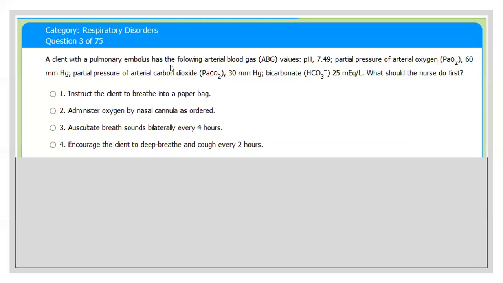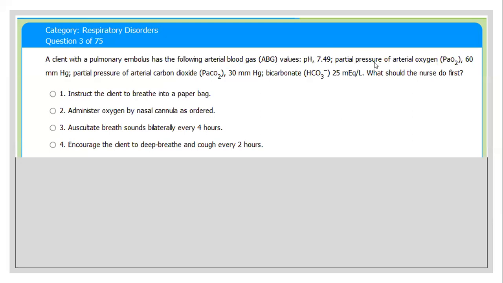In that condition, we need to check arterial blood gas analysis, shortly called ABG. The arterial blood gas test basically measures oxygen and carbon dioxide level, right?